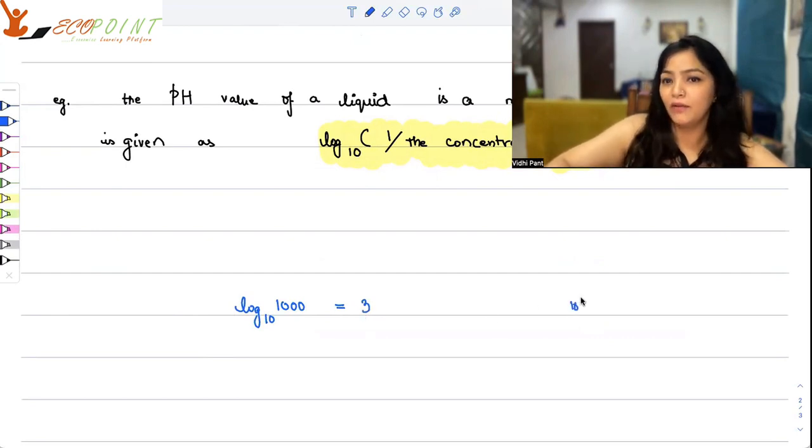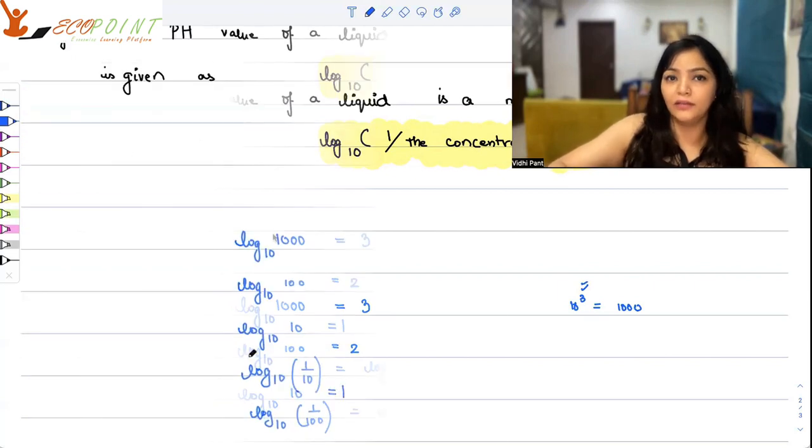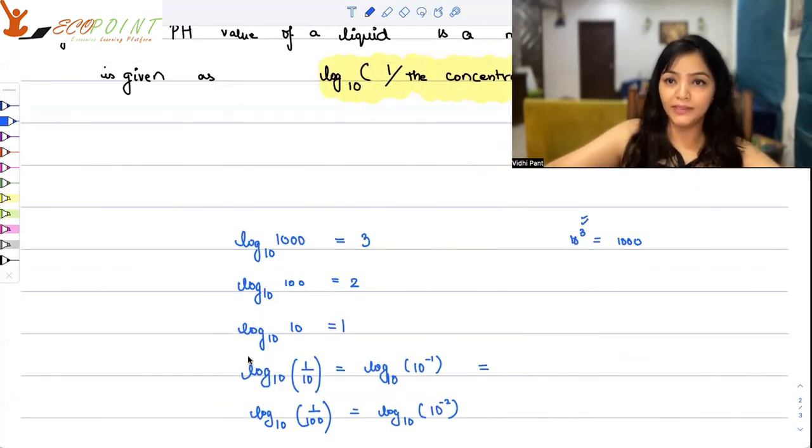So 10 to the power 3 is equal to 1000. Therefore, the power is the logarithm. So the answer to this is 3. Similarly, log base 10 of 100 is equal to 2. Log base 10 of 10 is equal to 1, because you require the power to be 1 in order to get 10.